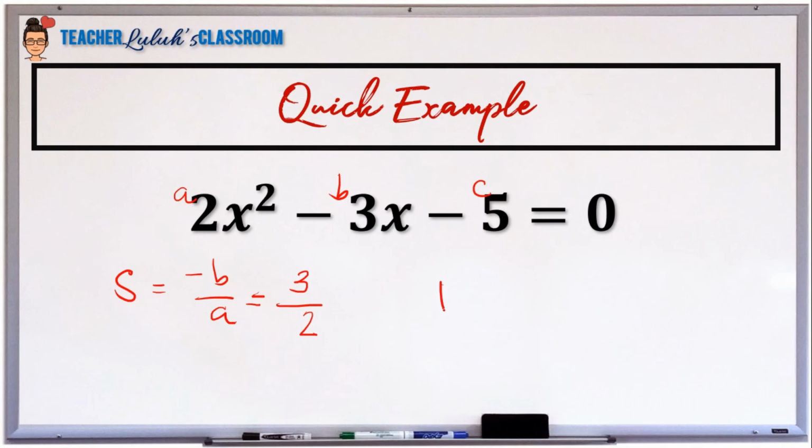And then the product will be c over a, so that's negative 5 over 2. So without even solving for the roots, we now have the sum and the product of the roots. And you need the coefficients for that. So those are the things that we could derive from the coefficients. We need this in our next lessons.